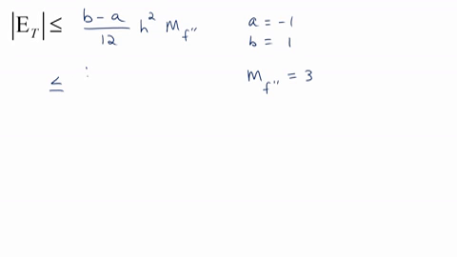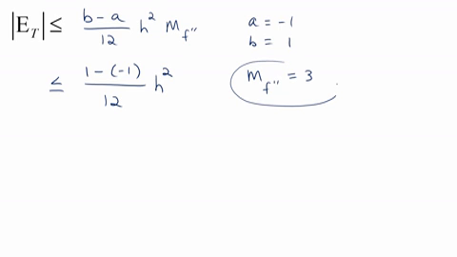B is +1 minus a is -1. Remember, we were integrating from -1 to +1. All of that over 12 times h squared times m sub f double prime, which we found out by looking at the graph will always be less than or equal to 3. So m sub f double prime is equal to 3.